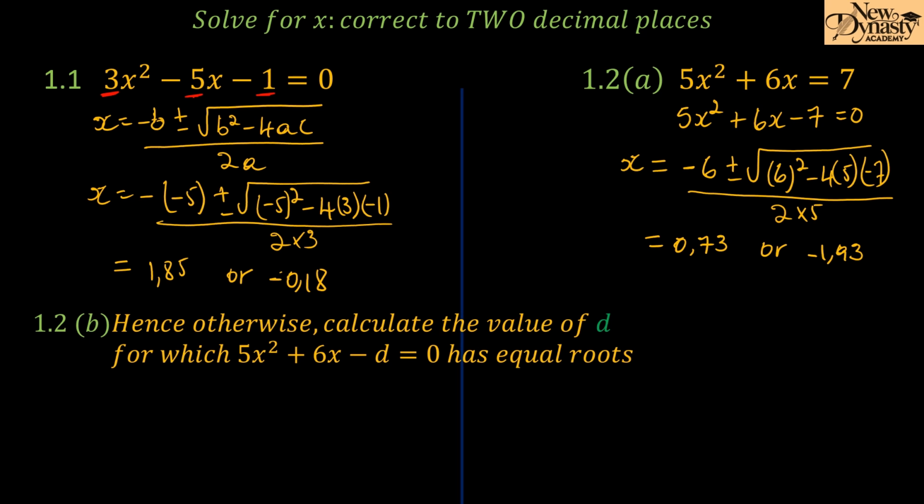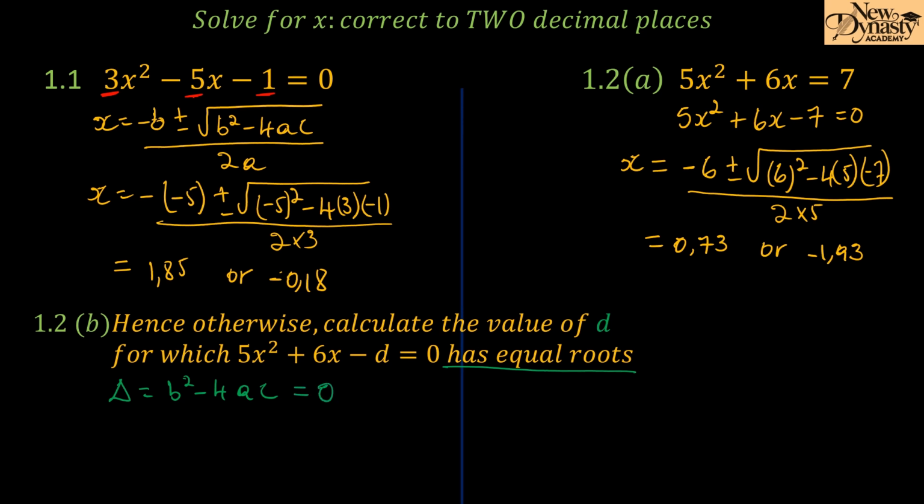So for equal roots, your discriminant is going to be equal to 0. So you go on and write your discriminant, and your discriminant, remember, is what? It's b squared minus 4ac. B squared minus 4ac is your discriminant, and this should be equal to 0 for equal roots.